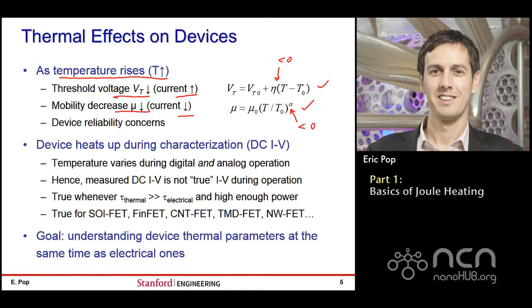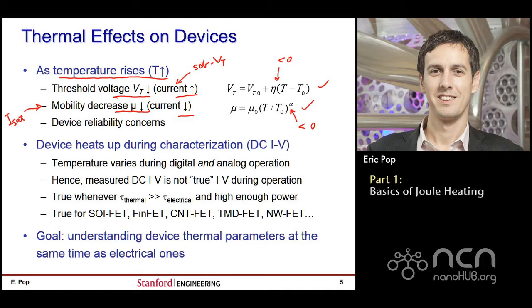So a priori, it is perhaps difficult to say exactly what will happen to the current as a function of temperature in a device, but I think it is generally accepted, fairly well known, that at least in the saturation regime, the mobility decrease, the increase in scattering, will actually dominate, and the threshold voltage effects will typically dominate the subthreshold regime, the sub-VT regime, as we will see a little bit later.